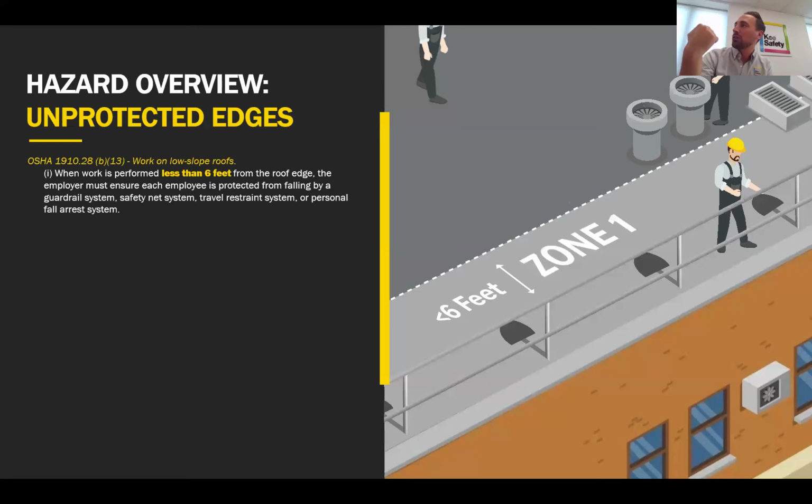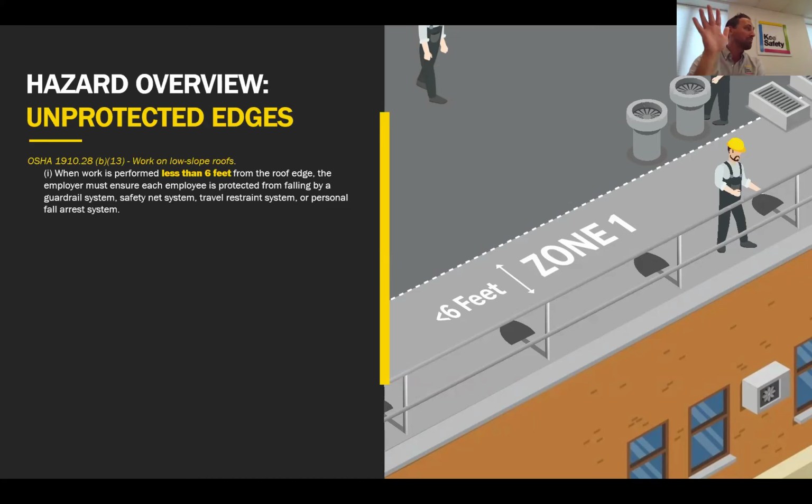So I need to be protected from falling by use of a guardrail system, makes complete sense, safety net system, so a net literally below you, and if you fall, it will catch you, travel restraint system, you guys already know about that, or a personal fall arrest system, you guys already know about that. So we've got 4 options.